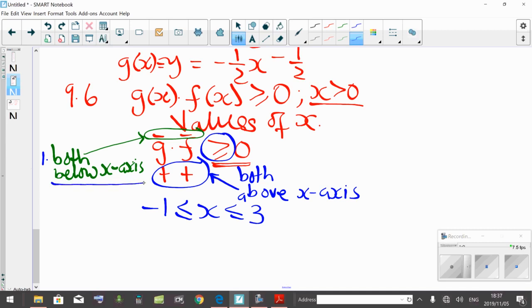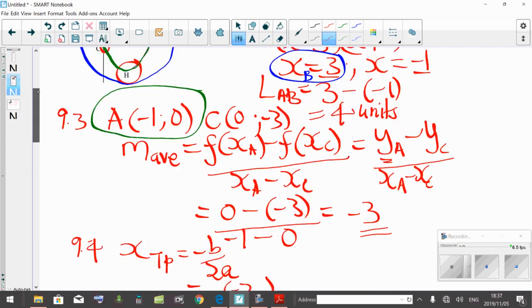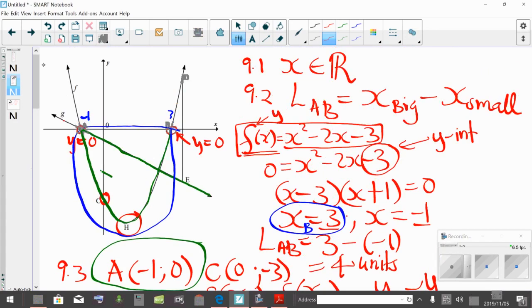Now we examine if there are instances where both are above the x-axis. Quickly go and check. Now I'm just going to highlight where I think they are both above the x-axis. You tell me if you agree with me.